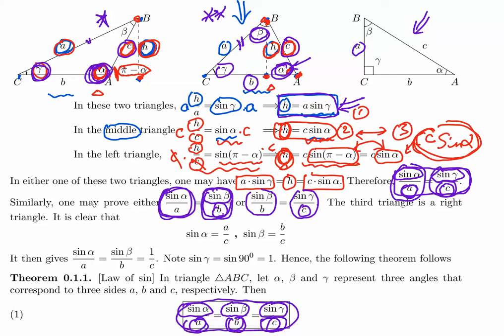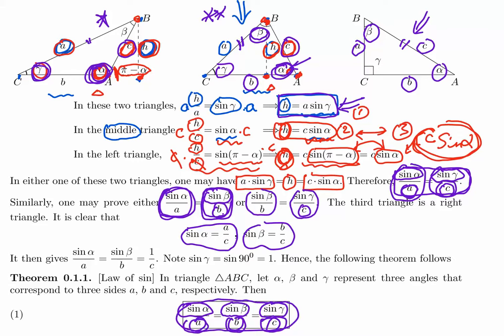A over c is sine alpha, right here. And we have sine beta. Sine beta is b, the opposite side, over the hypotenuse.